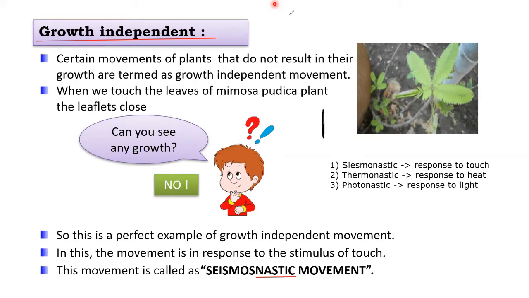I want all of you students to have note of all of these things that I have given to you. This will not be mentioned in your textbook, but it is still important for you to understand. So all of you have understood it well. If you want an example of each of them, for seismonastic movement, Mimosa pudica plant and its shrinking of its leaf is an example.